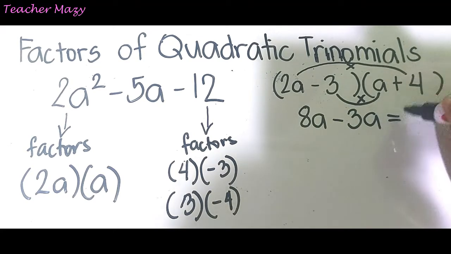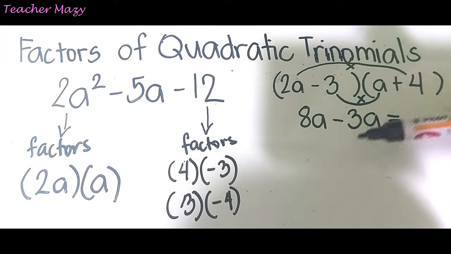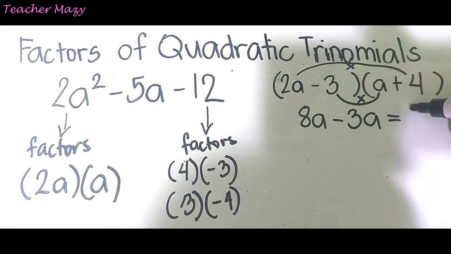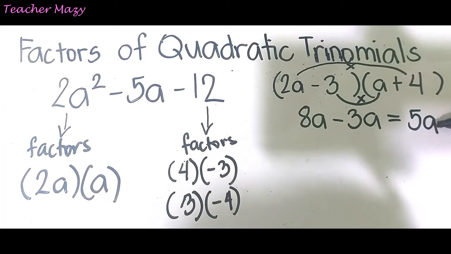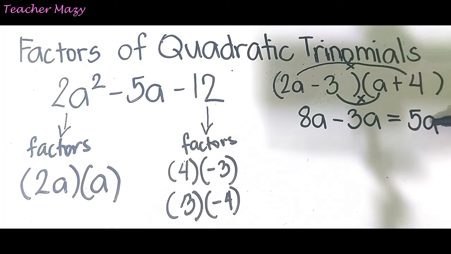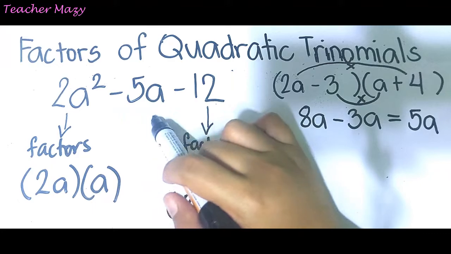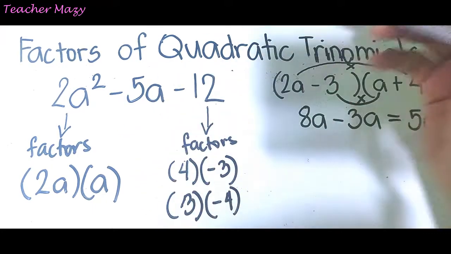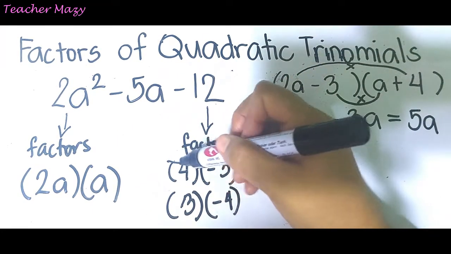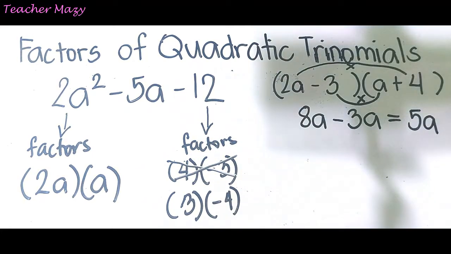If we combine them, 8a minus 3a is 5a. This 5a is positive, but we are looking for negative 5a. So this factor pair is wrong since we did not obtain our middle term.